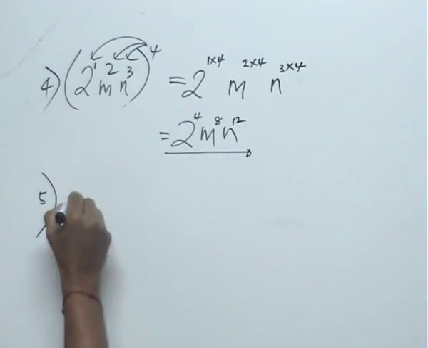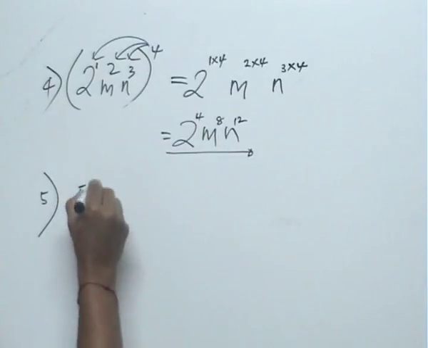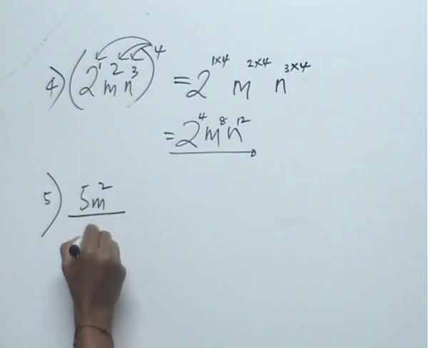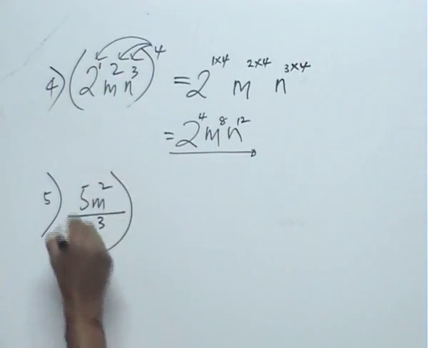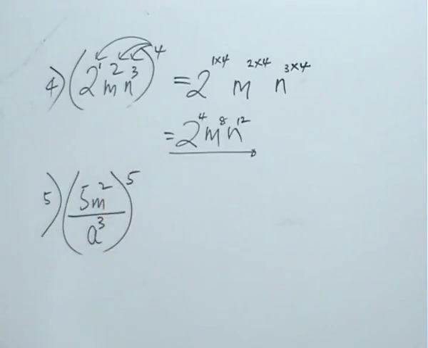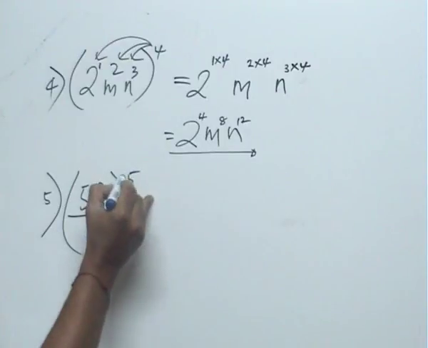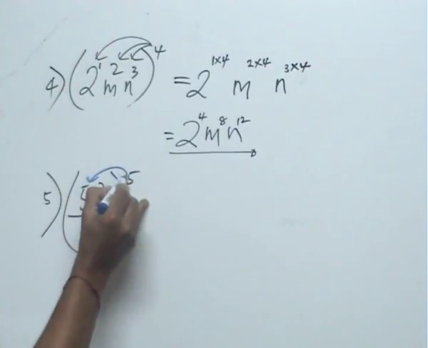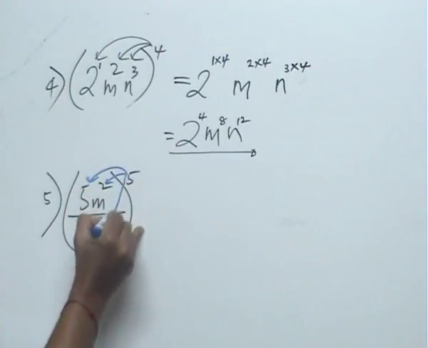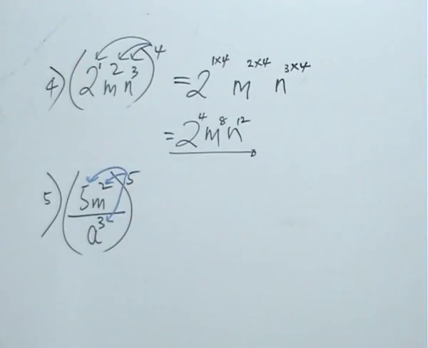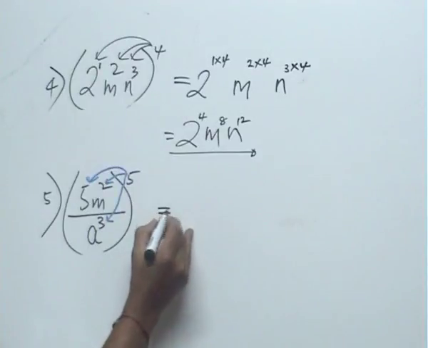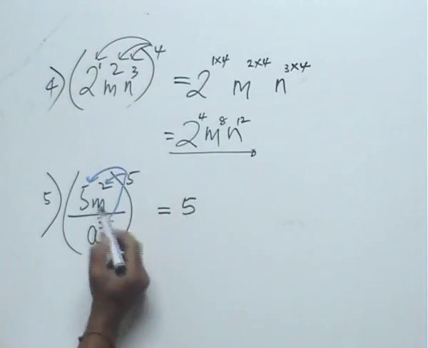Let's do another example. Say you got 5m squared over a cubed. And all this is to the power 5. Then the power has to go every way. To the 5, to the 2, and downstairs 2. So, the final answer now, I'm not going to do every step, will be 5.